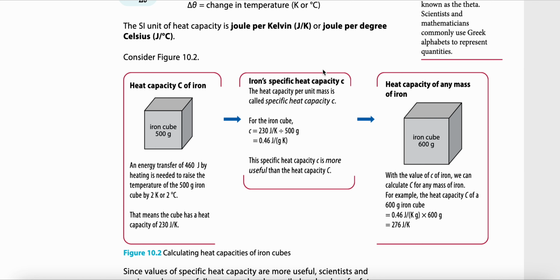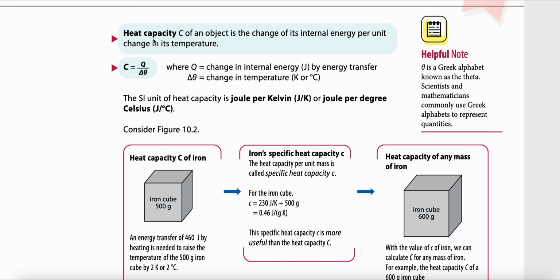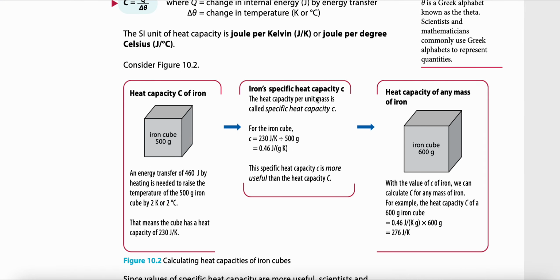So that brings us to what we call specific capacity, which is small c, right? So remember, heat capacity is big C, specific capacity is small c. What's the relationship between small c and big C? Small c is actually big C, which we calculated over here for the 500 gram cube, divided by mass, right? And that gives me the number of joules I raise for 1 gram.